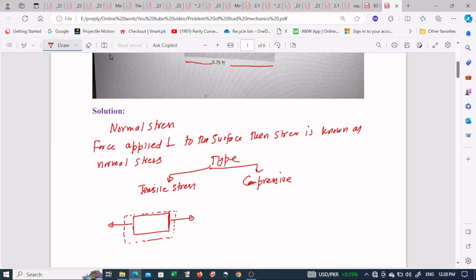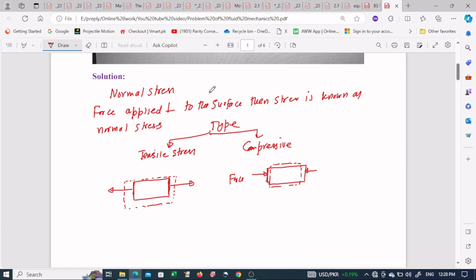Similarly, the compressive stress is when we apply force and we compress this material, meaning its length will decrease. But the main thing is that the force must be normal to the plane, perpendicular to the plane.